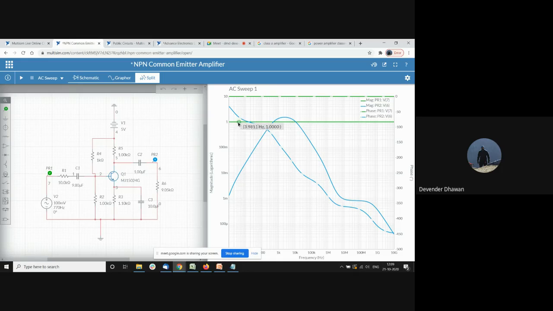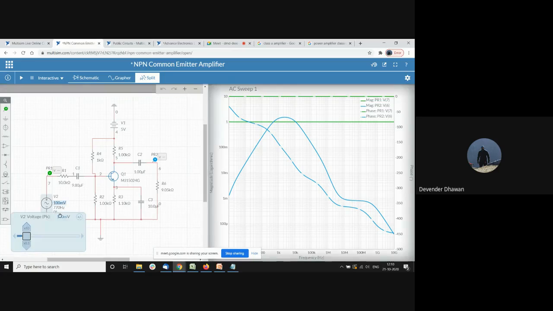It will go below my original signal. So amplification will happen from 500 hertz to 10 kilohertz. And other than that, for all the frequency, the signal will be suppressed. Okay? So let us just check that also.